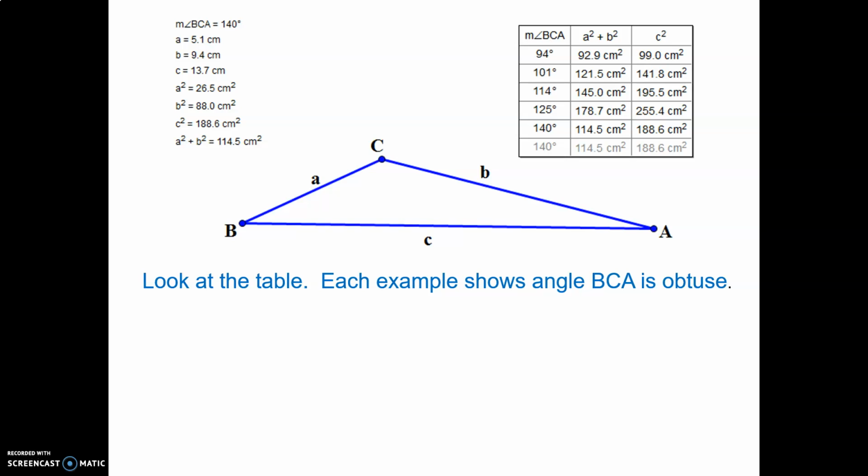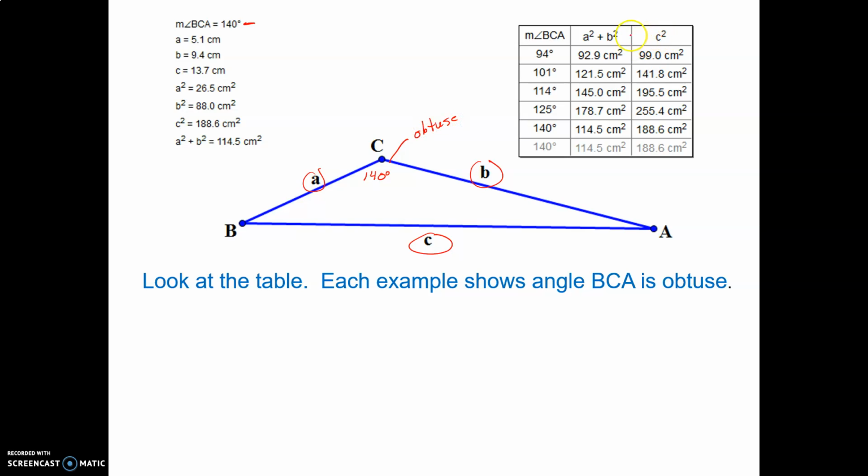Okay, now I took a triangle and I made this be an obtuse angle. So here, this is 140 degrees. And I made the longest side BC. And then I thought, what happens to A squared plus B squared in terms of C squared when I have an obtuse angle in there, not a right angle?